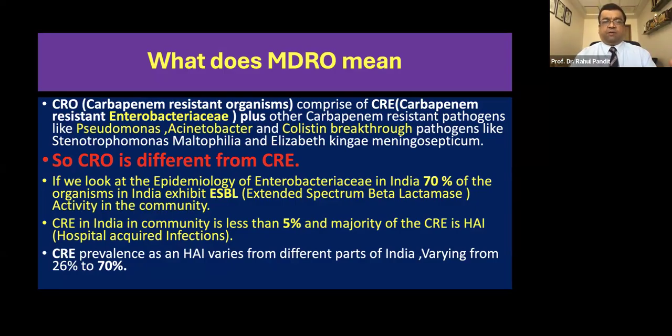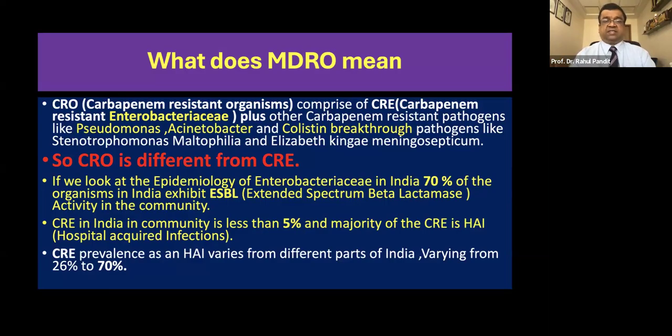Now, let's break it down a little bit more and understand where India stands in this. If you look at the epidemiology of Enterobacteriaceae in India, 70% of the organisms from the community actually exhibit ESBL. Now, that's a really, really big number. That means 70% of people who get infected with Enterobacteriaceae in the community will exhibit ESBL resistant patterns.